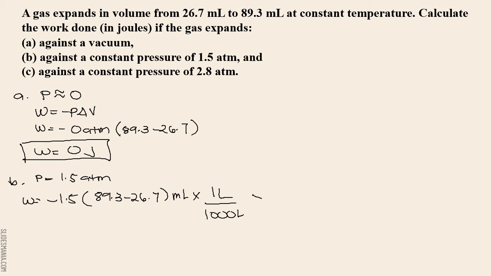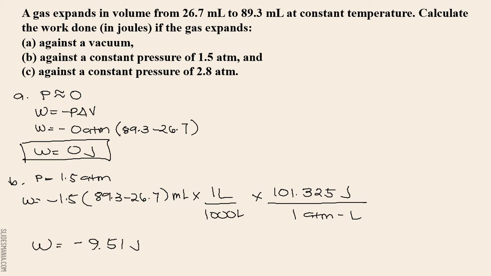After that, we have to convert atm liter to joules. Our conversion factor is 101.325 joules per 1 atm liter. Therefore, what will be our work? Our work will be equal to negative 9.51 joules.